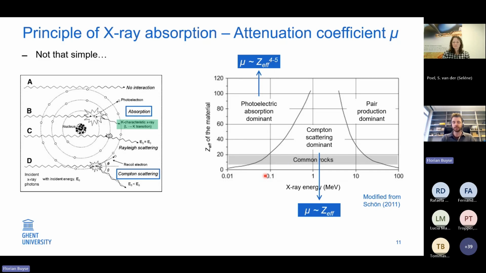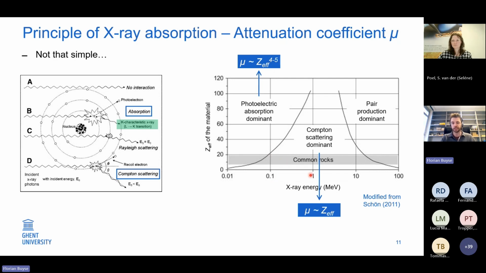Depending on which principle is mostly dominant, it has a different influence on the attenuation. If we work at around 0.1 mega electron volt, which is 100 kilo electron volts, you have a combination of both.